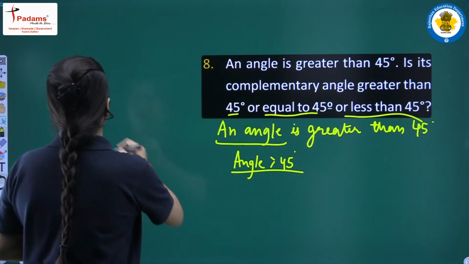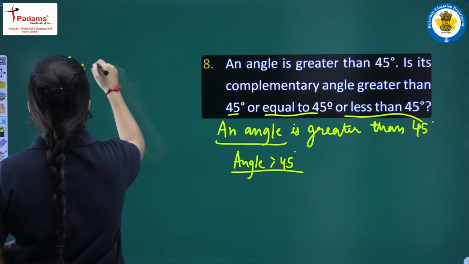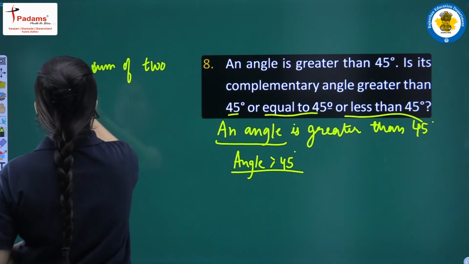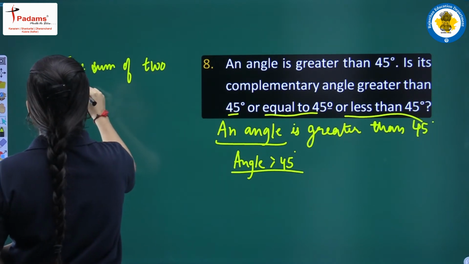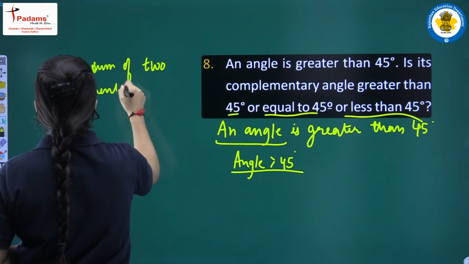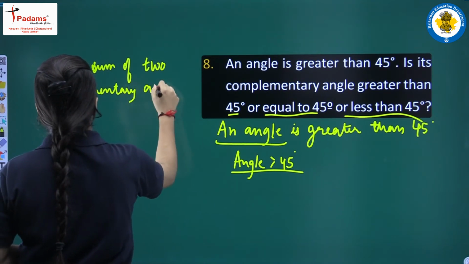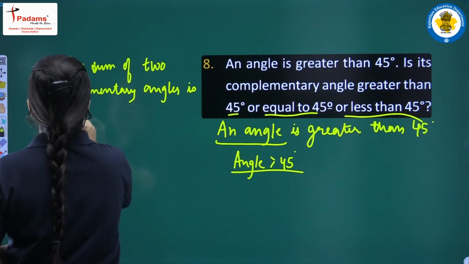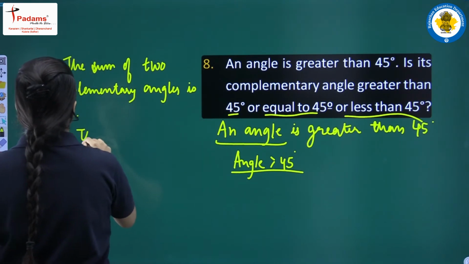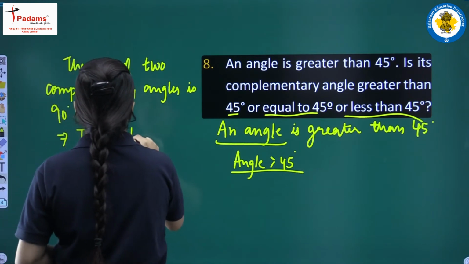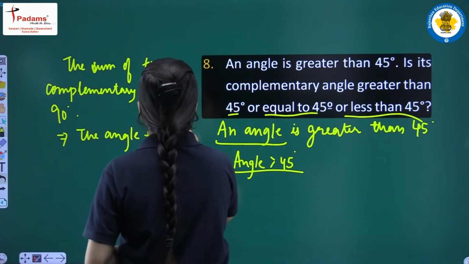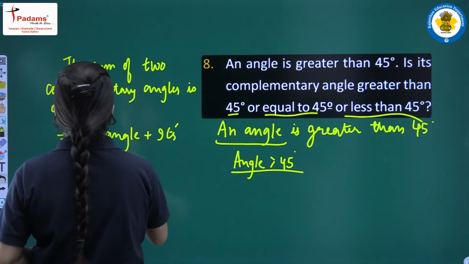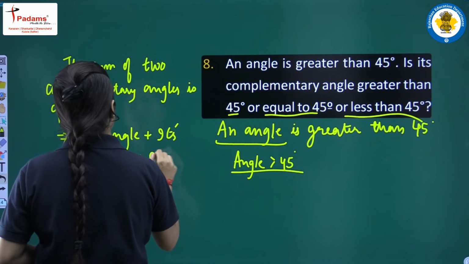So clearly the sum of two complementary angles is 90 degrees. So it means the angle plus its complement is equal to 90 degrees, right?